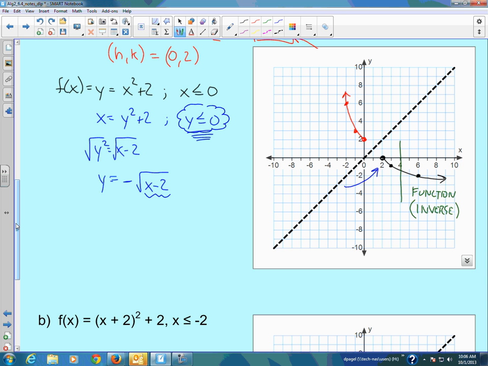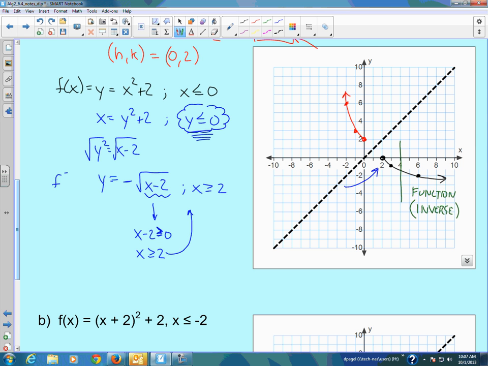How can we figure that out? Very quickly, we know that underneath even roots, we have to have zeros or positives. So if I set x minus 2 greater than or equal to 0, I would find that x has to be greater than or equal to 2. And that needs to become a part of my answer for my inverse function.